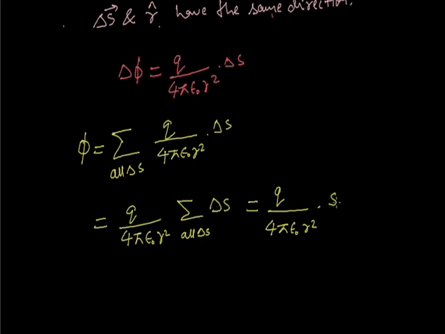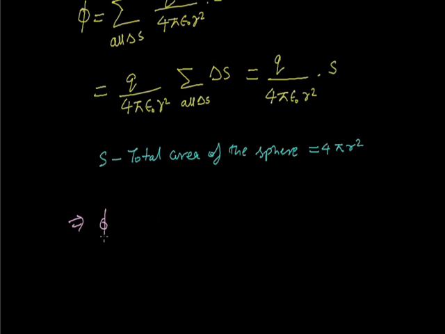S is the total area of the sphere, which is given as 4 pi r square. So phi, the total flux, can be written as q upon 4 pi epsilon naught r square multiplied by 4 pi r square.